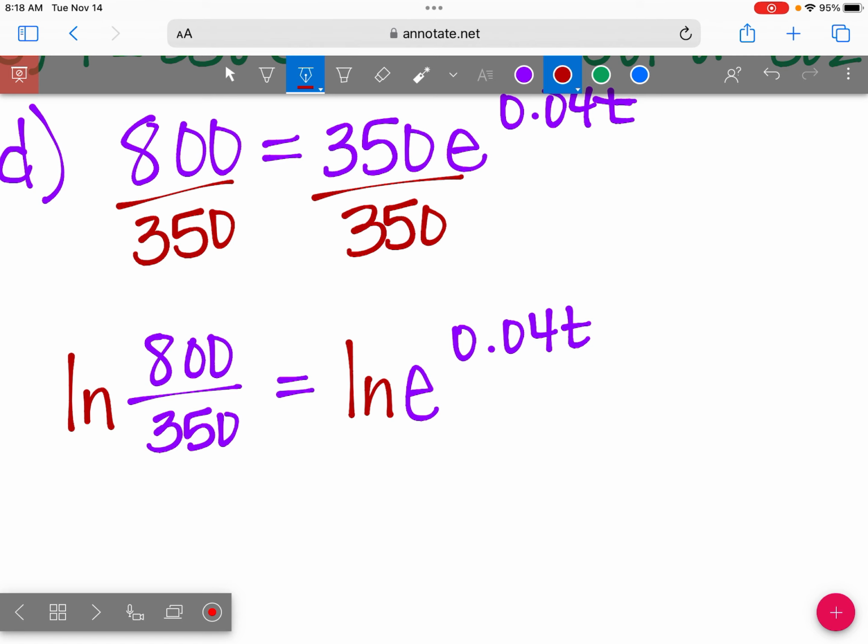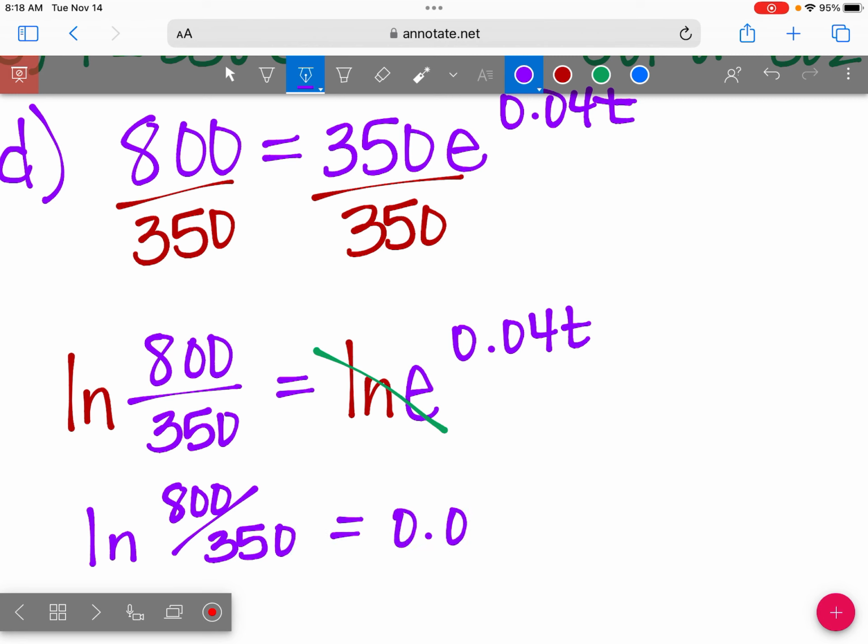Okay, so now this cancels out. I say it cancels out, but this equals 1. This is going to move to the front. So it becomes the natural log of 800 over 350 equals 0.04t.